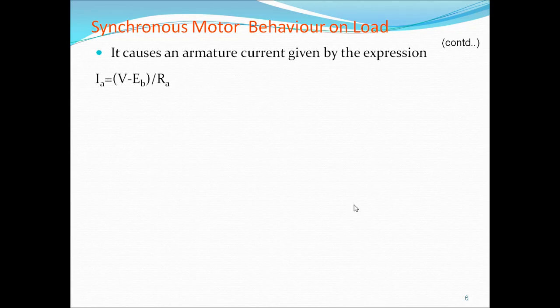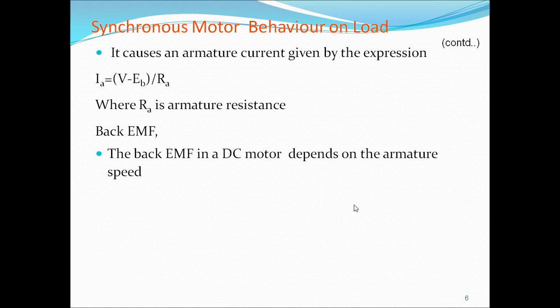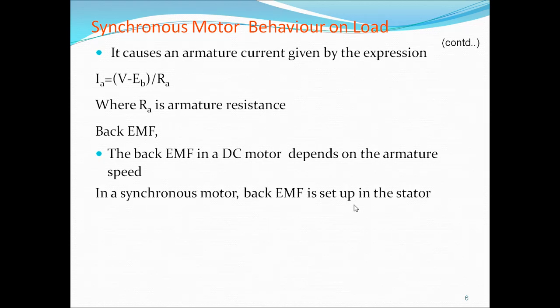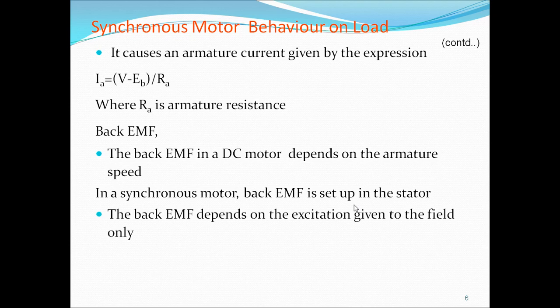So what is the armature current? The armature current is the armature voltage divided by the armature resistance, where Ra is the armature resistance. Back EMF depends on the speed, but in a synchronous motor the back EMF is set up in the stator.